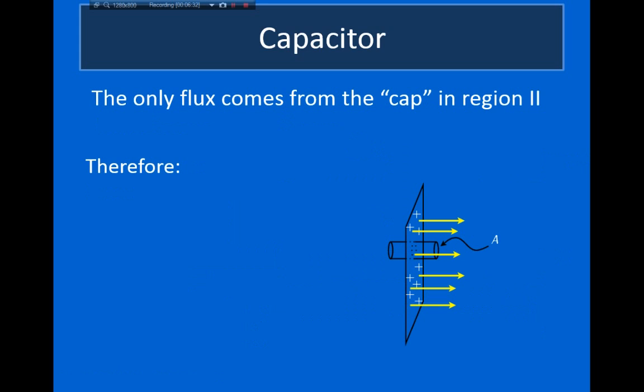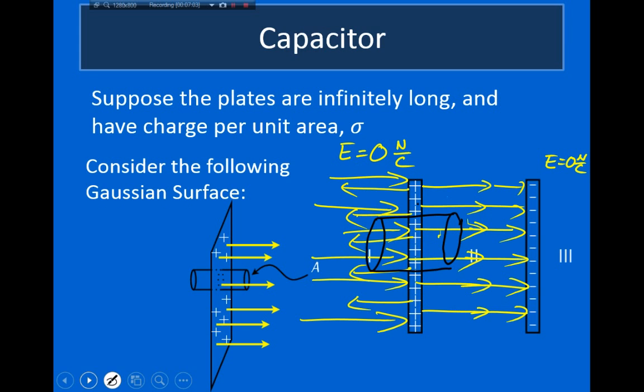And now if we apply Gauss's law to this, the flux is just going to equal the magnitude of the electric field times the area of the surface, because the only surface that the electric field is flowing through is this surface right here. There's no electric field flowing through this, so the flux through this surface right here is 0. There's no electric flux through this end because the electric field out here is going to be 0.